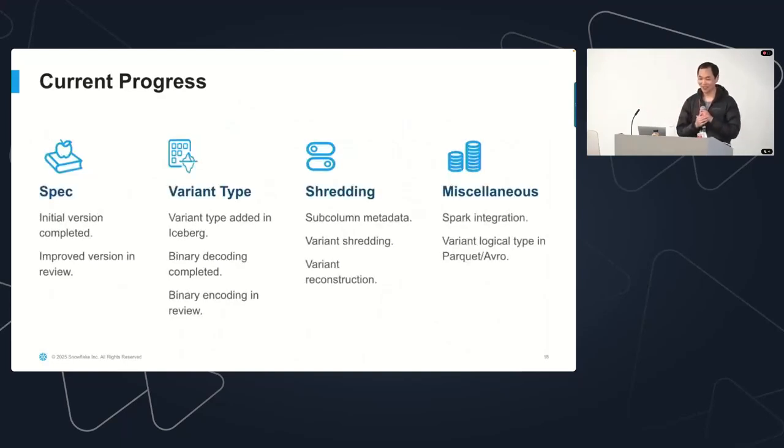Here I want to report the current progress. The first is the spec. Actually, we adopted Spark variant. Initially, we were thinking, maybe Snowflake has its own implementation. It's proprietary, and we could propose that.